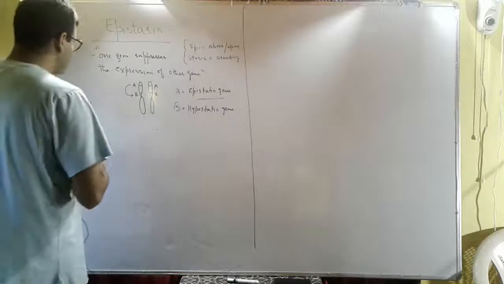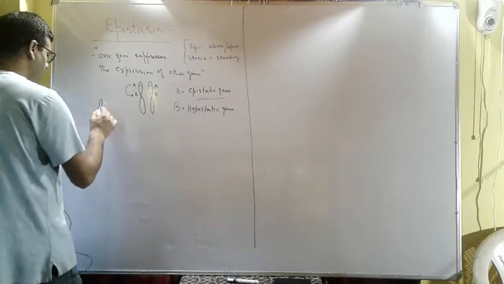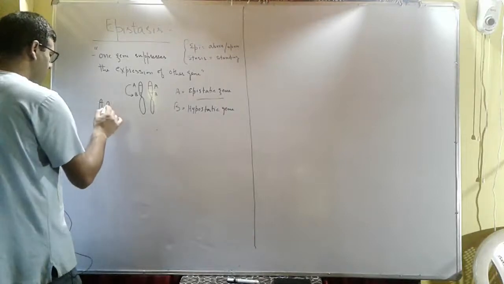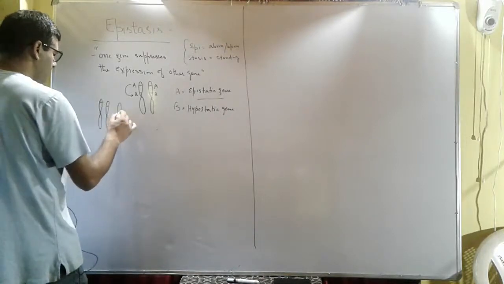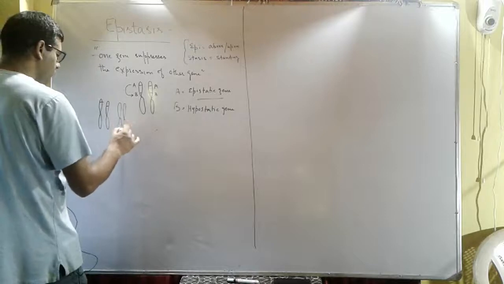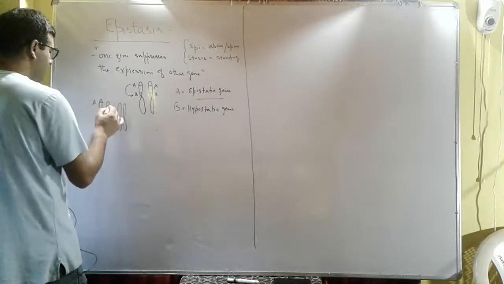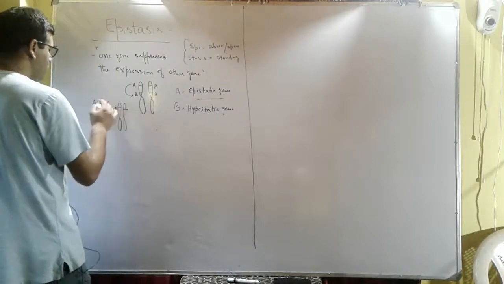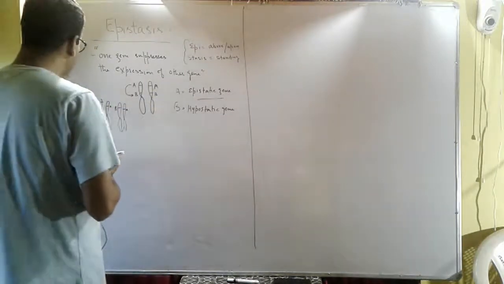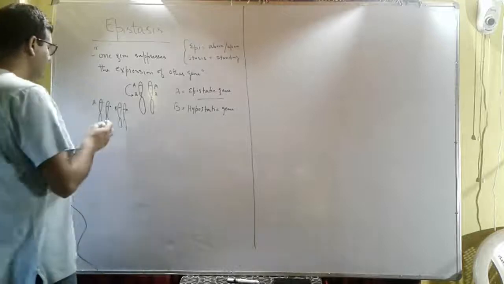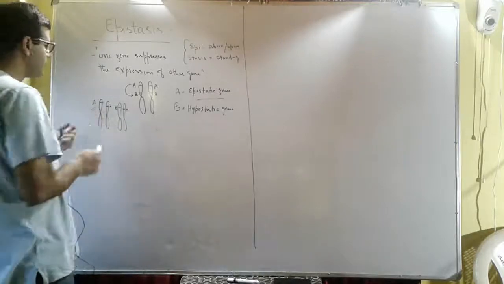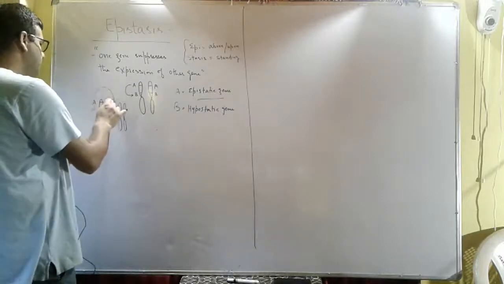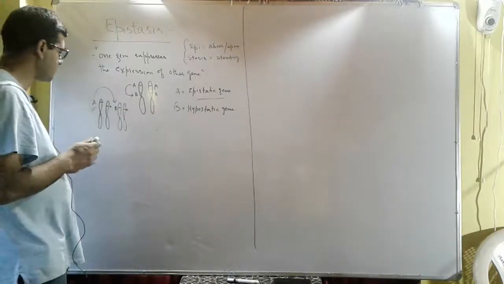Or it can be like this. This A gene inhibits the expression of B gene. So this is what is called epistasis. A gene is called the epistatic gene, and it inhibits the expression of B gene.